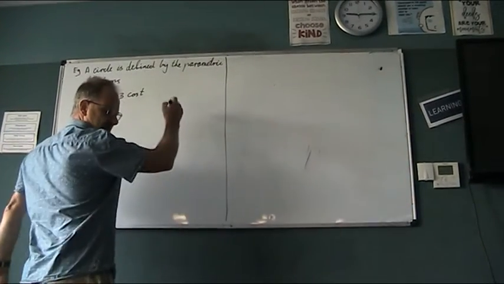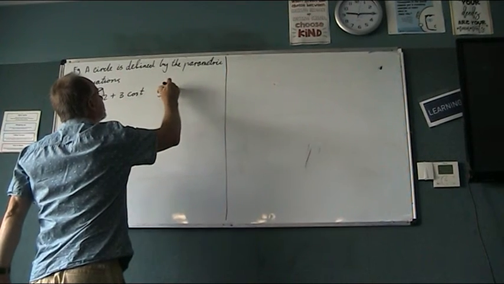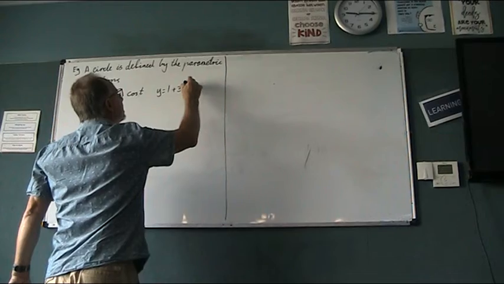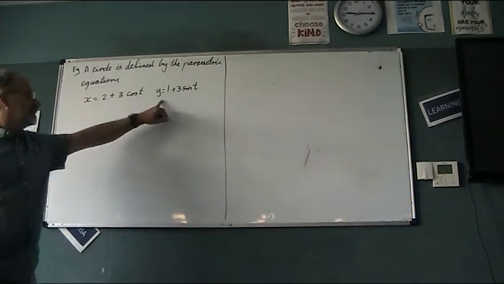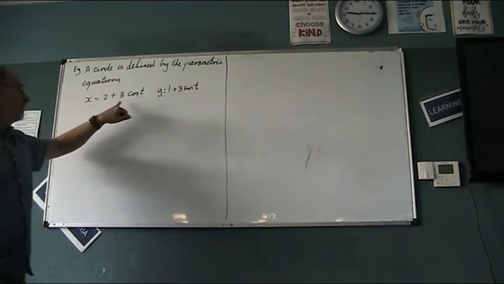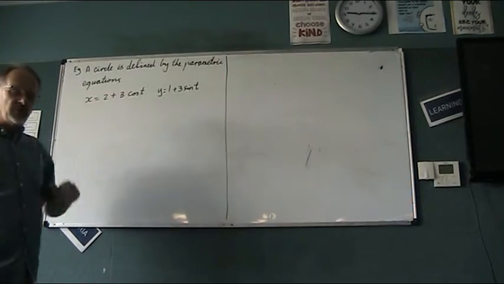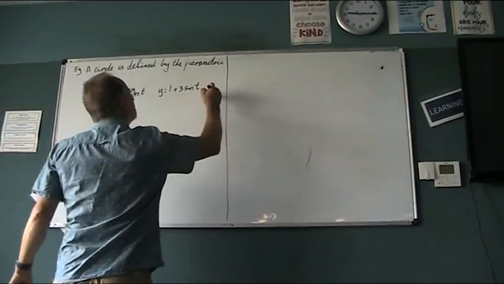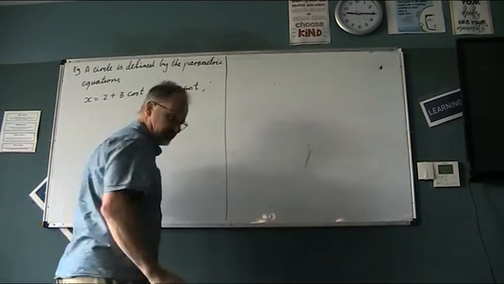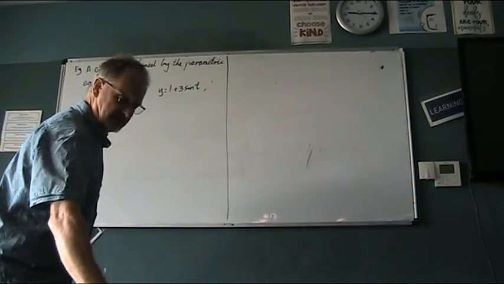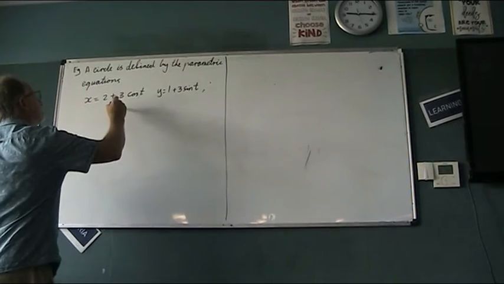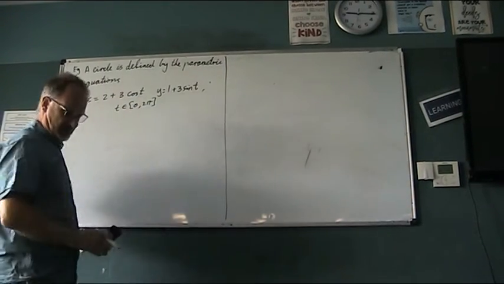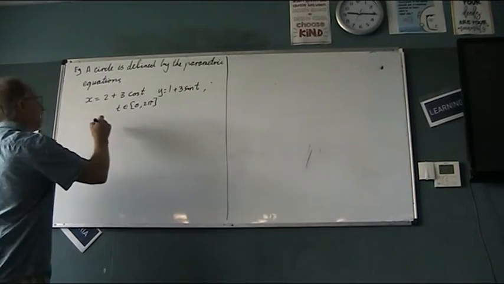And so the y in this one is 1 plus 3 sine t. And again, as I said, the centre's no longer at the origin, it's now somewhere else. And so the time, of course, is between 0 and 2 pi. Alright, we want to find a Cartesian equation.